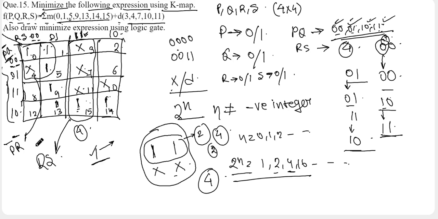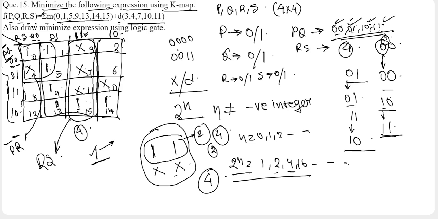Now for the next scenario, we will have to make another group, which will be here in this case. Let us see if the groups are made correctly. R and S. Oh, here we can see that instead of making this group we can also take this larger group.